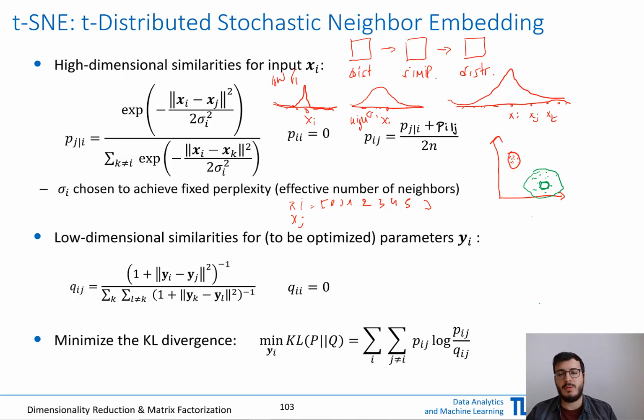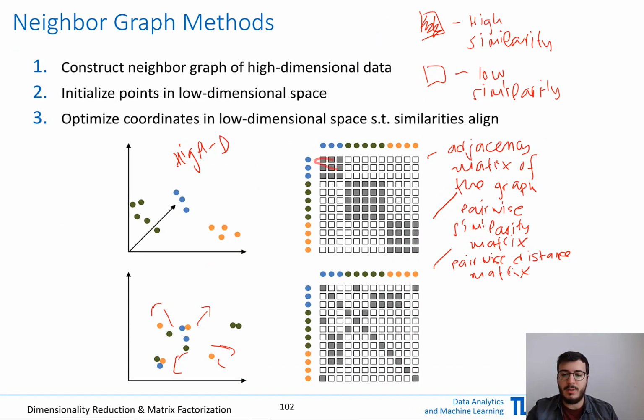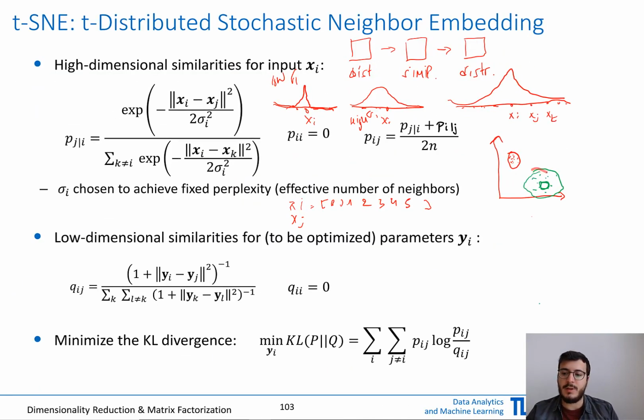Some good values of perplexity that work well in practice are between 5 and 50. Another way to think about it is that the number of other data points which have high similarity is roughly between 5 and 50 for each of the data points. And because of this issue with different densities, each of the sigma i's might need to be different in order to achieve this roughly constant number of effective neighbors.